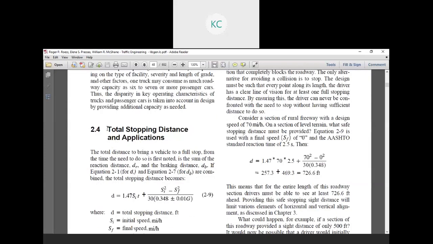The next is total stopping distance and its application. So what is called the stopping distance? When a driver is moving a vehicle at a particular speed on the road, with the help of vision and hearing characteristics, the driver notes that there is some kind of obstruction in the forward area.